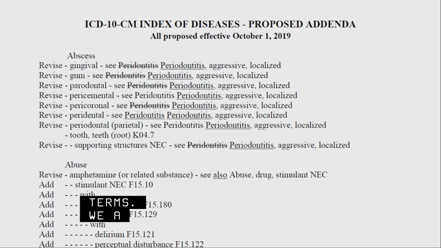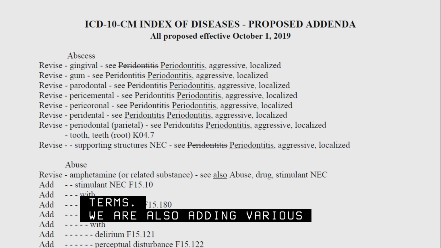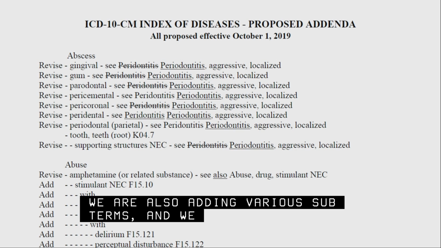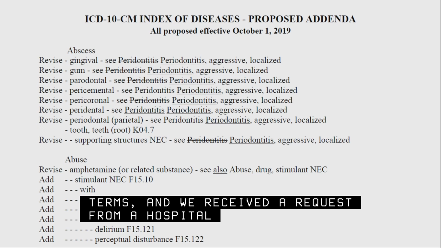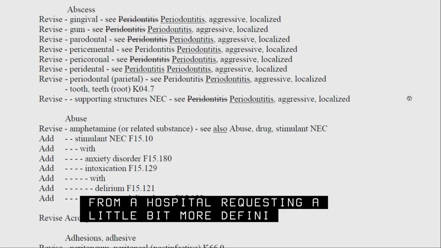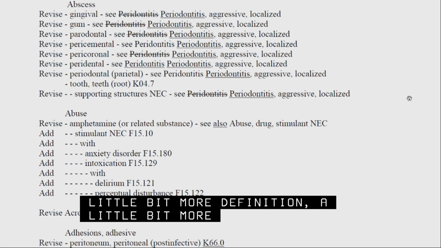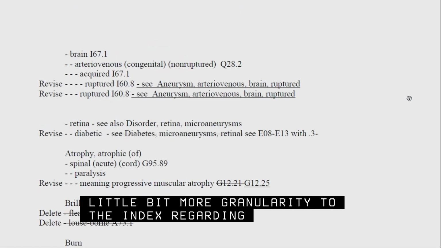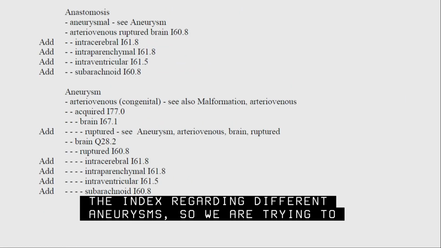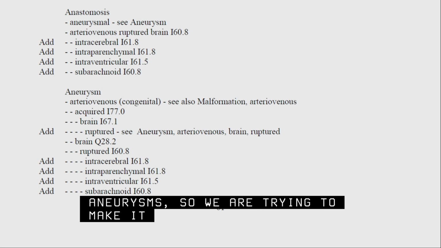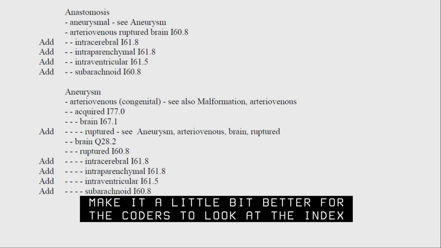We received a request from a hospital requesting a little bit more definition, a little bit more granularity to the index regarding different aneurysms. So we're trying to make it a little bit better for the coders to look at in the index. As well as under aneurysm, we're also adding more subterms.